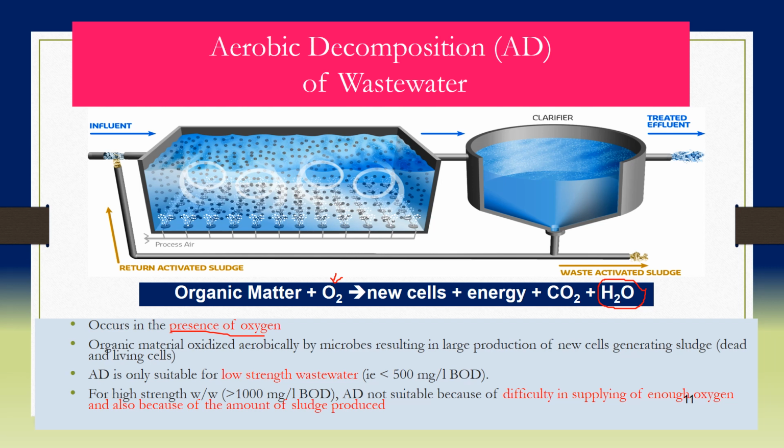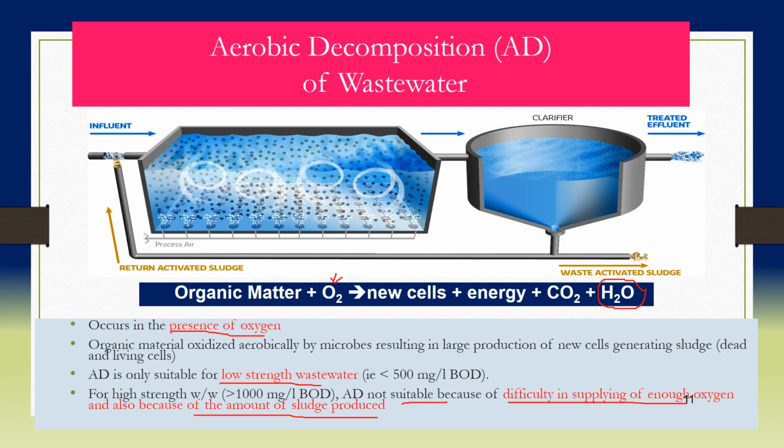Okay, this aerobic decomposition is suitable for low strength wastewater, and high strength wastewater is not suitable because it is difficult to supply enough oxygen, and also because of the amount of sludge produced. So high strength wastewater basically contains a higher amount of sludge, therefore it will need more supply of oxygen, and this will cause problems in terms of costing, which is we need more oxygen, so it will cost more.